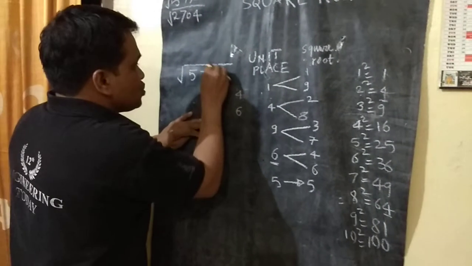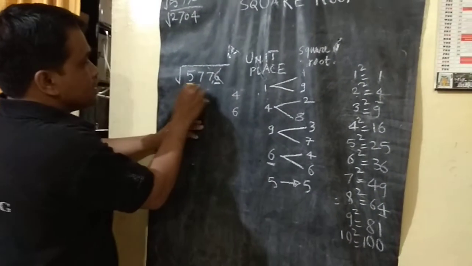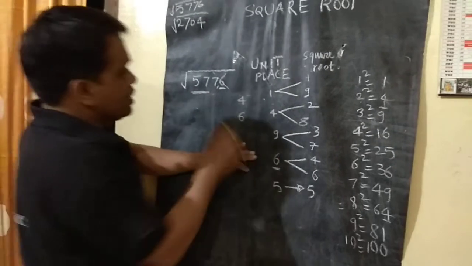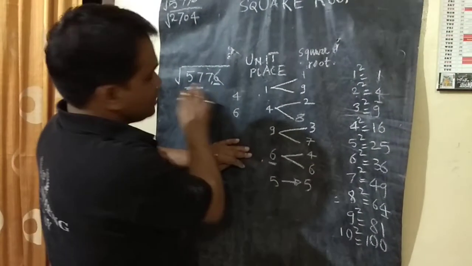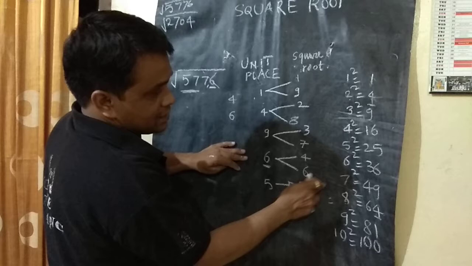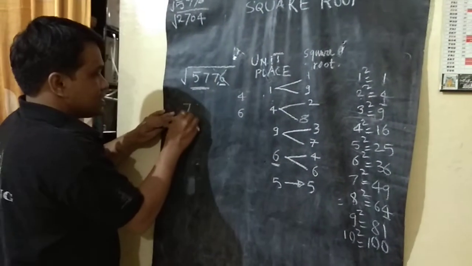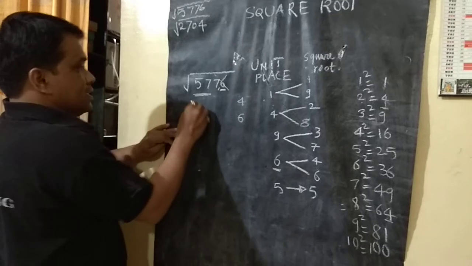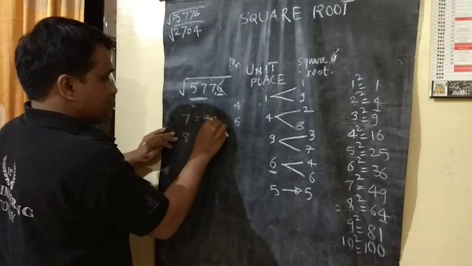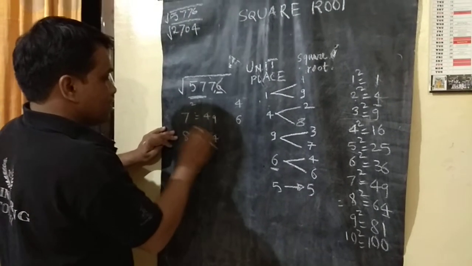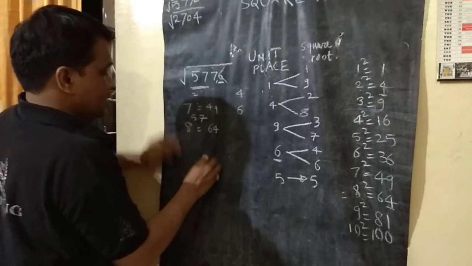Now I'll skip these two digits and go for this number 57. Where does it land? It lands between 7 and 8. 7 square is 49, 8 square is 64.